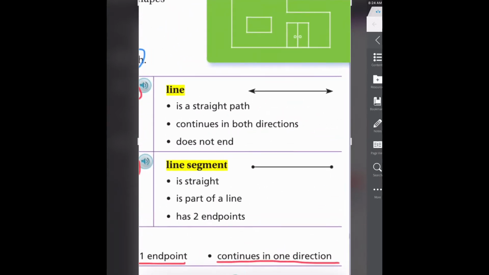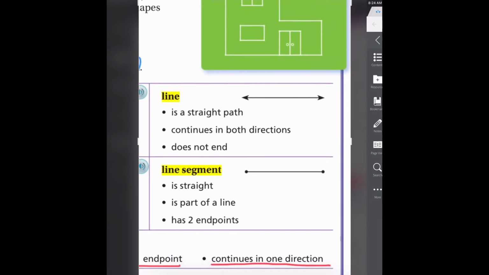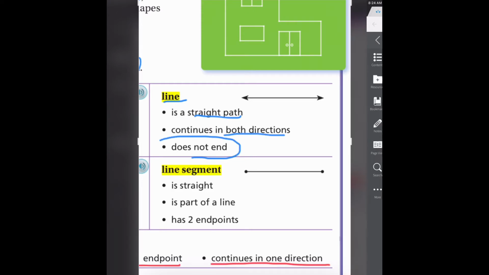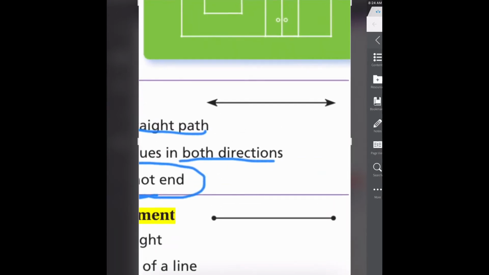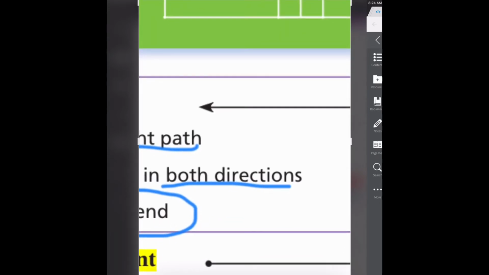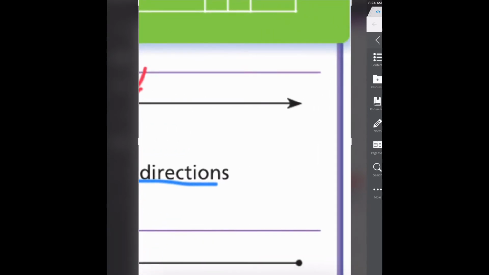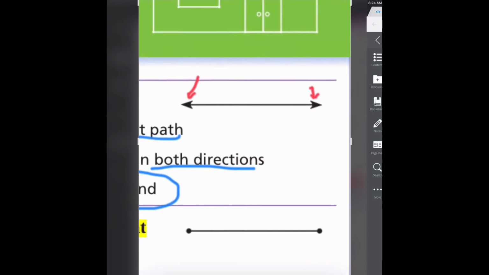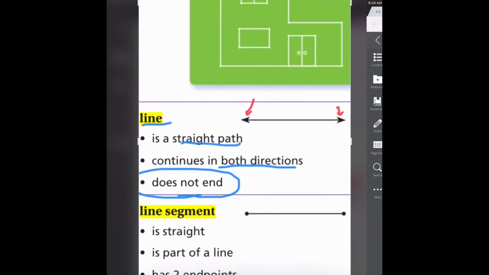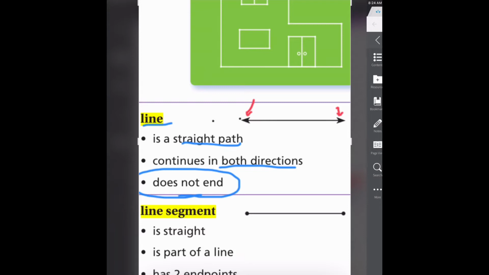Next, we have a line, and this one's really important to remember: a line is a straight path that continues in both directions. Here's the important part. It does not end. So when we see this right here, and we see these little arrows there, and we have one here, those mean that that line actually continues on. Okay?